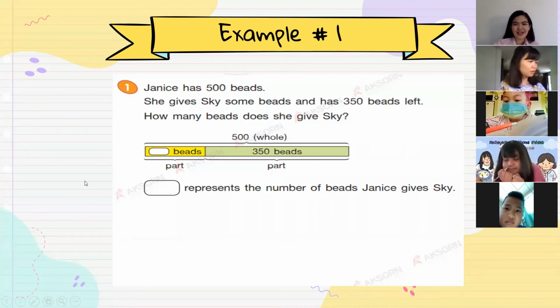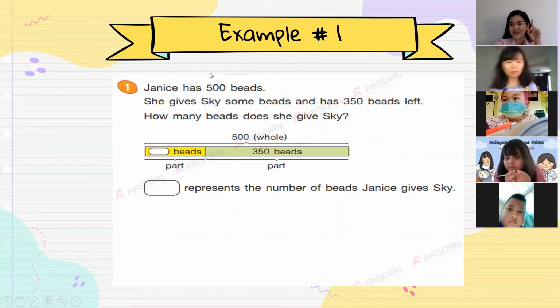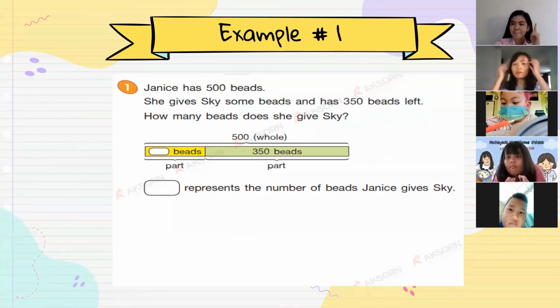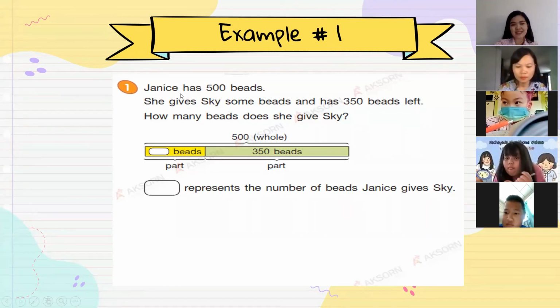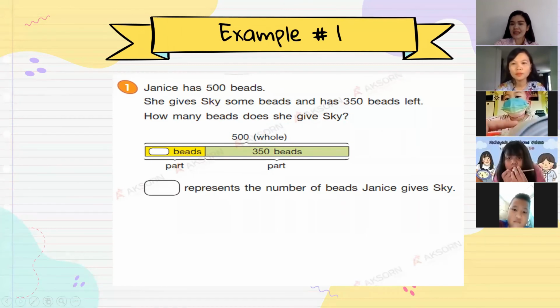Okay, so let's have example number 1. Look at your book. You can also see it in your book. Example number 1, let's read it all together. Janice has 500 beads. She gives Sky some beads and has 350 beads left.